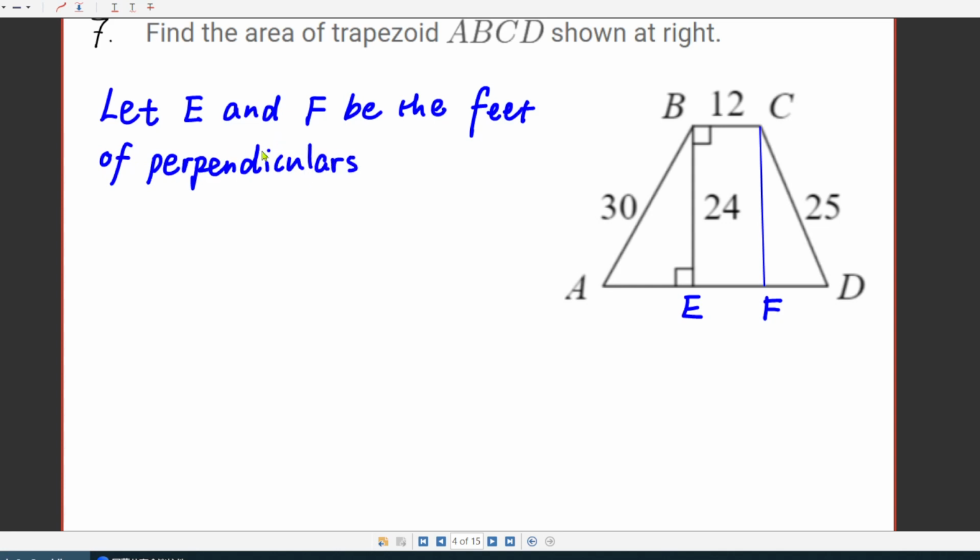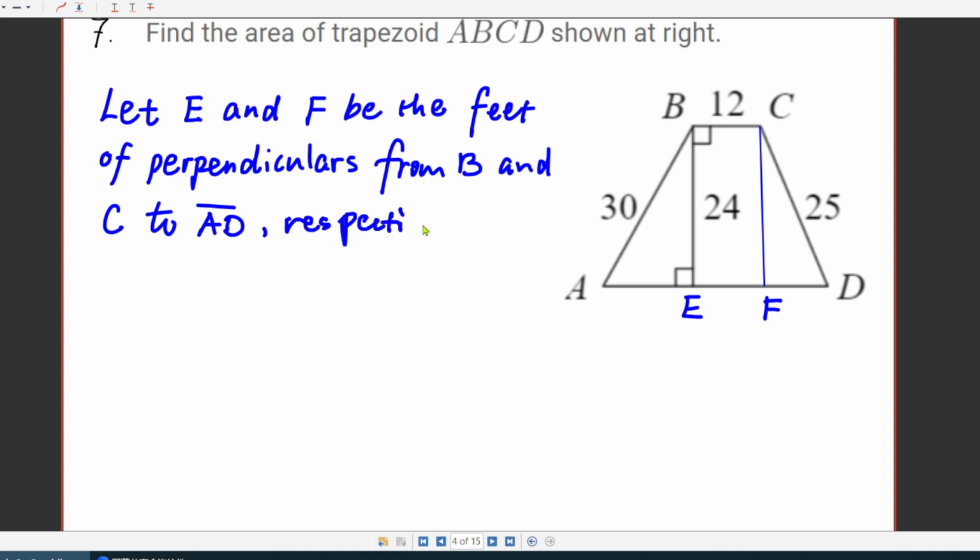So you should state: let E and F be the perpendiculars from B and C to segment AD, respectively. Then we have BE equals CF, right?